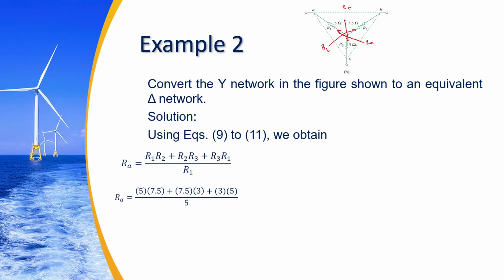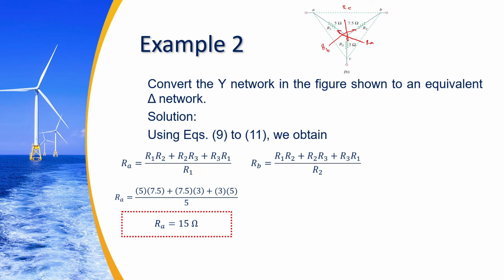Kapag substitute natin lahat ng values, okay, makakuha tayo ng RA na 15 ohms. Next, para kay RB. Ang katapat ng RB ay R2. Siya yung denominator natin. Then, kapag sinubstitute natin lahat ng given, makakuha tayo ng value ng RB na 10 ohm.